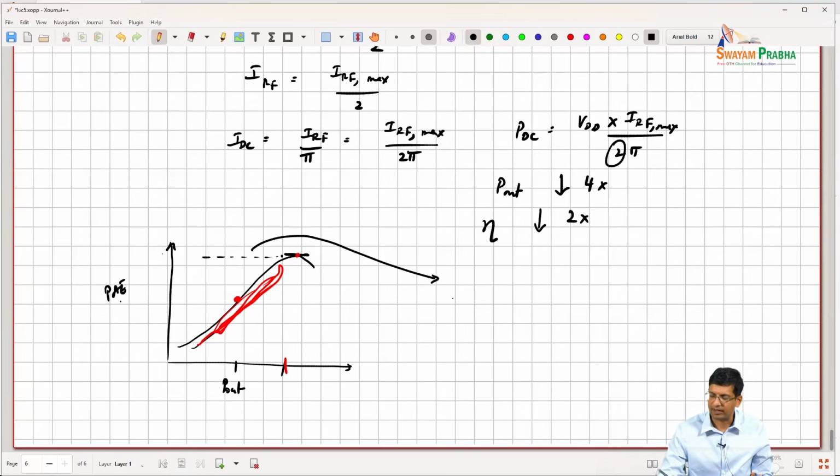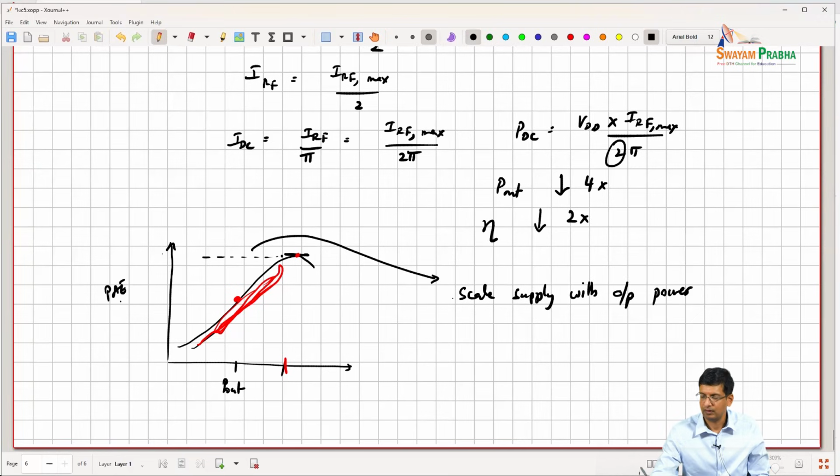So effectively there are two ways to do it. One, scale supply with output power. If I could scale the supply with output power, then my efficiency would always be good because I'd always be operating at a full VDD swing, which is what I want to get.